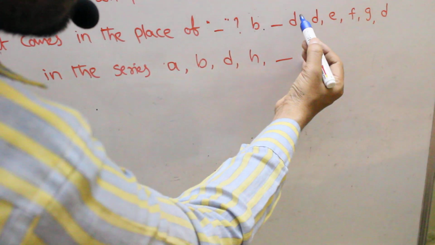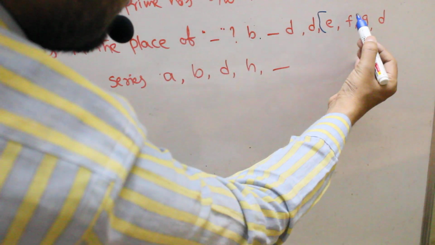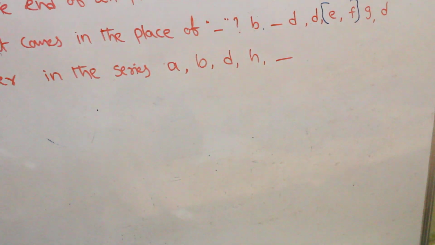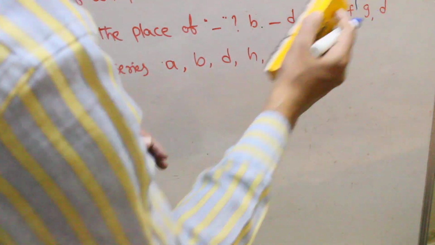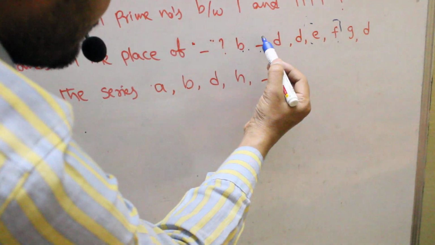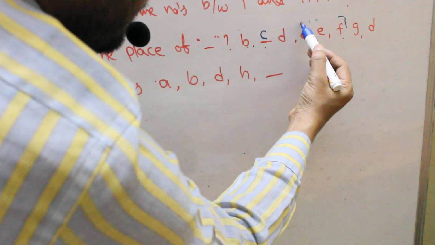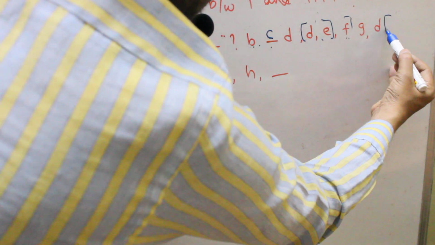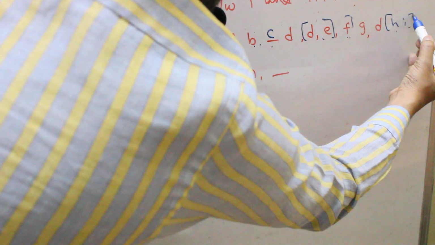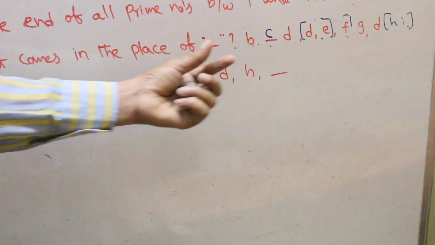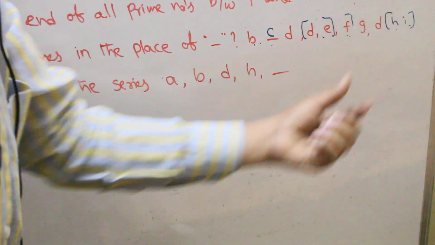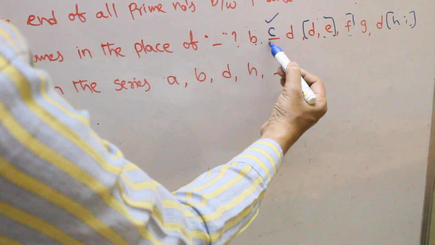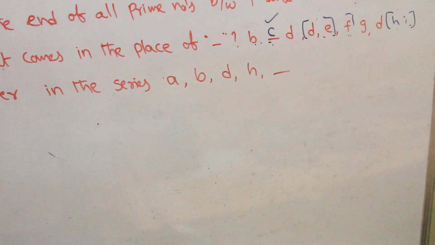B, next D of E, F. In this series, first B, C. Next D of D. Next F, G. Next D of something, H. Like this, follow this one. D of something, D of something, D of something, like this. This is the order that will be followed. Your answer is C.